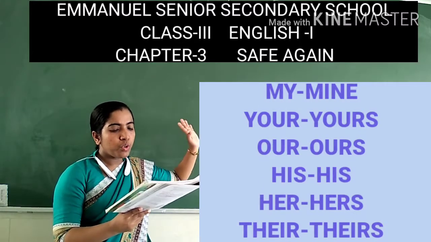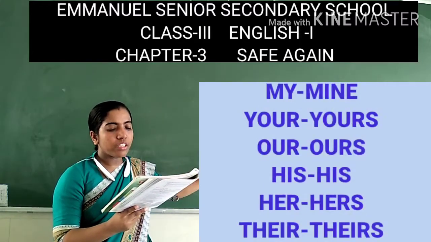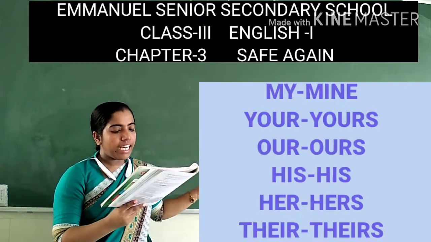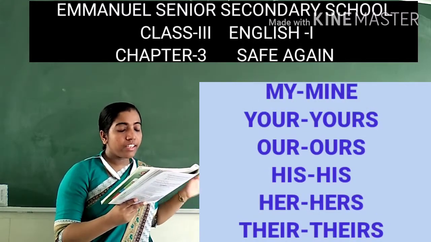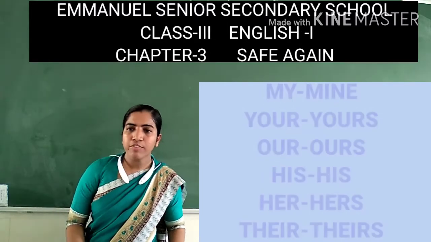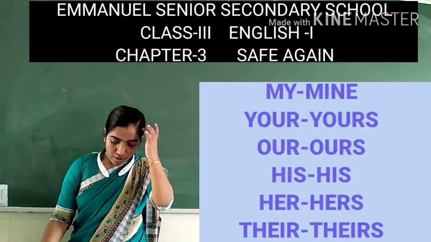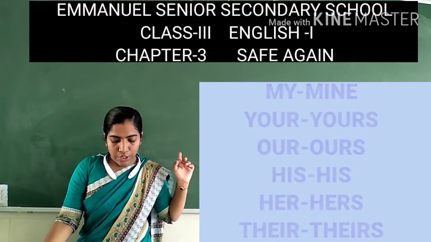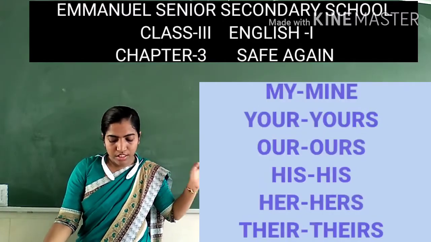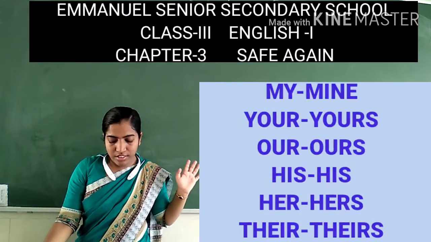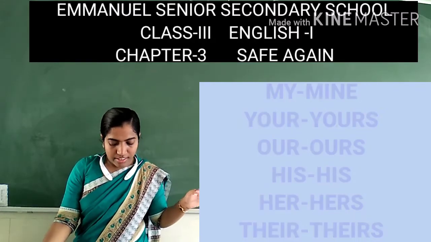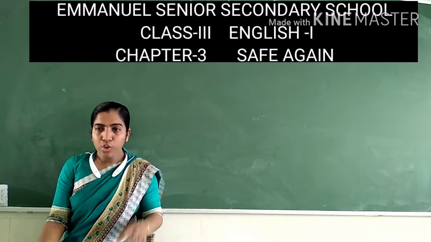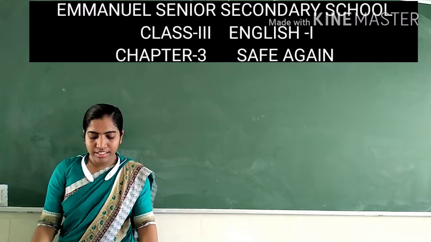You, your, yours, ours, his, her, theirs. So this is the way you have to understand the possessive pronoun. My, mine, yours, ours, his, her, hers, theirs. So let's do this exercise.